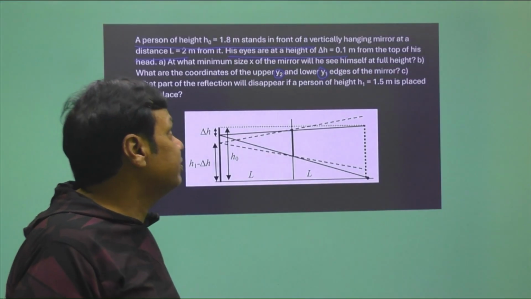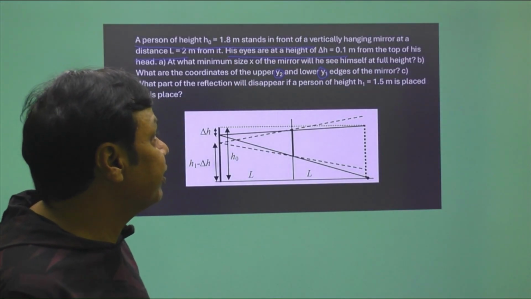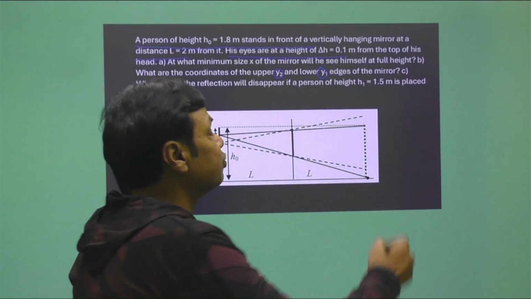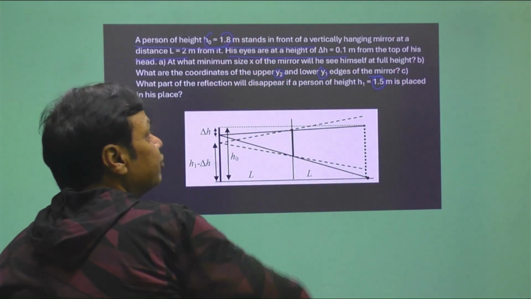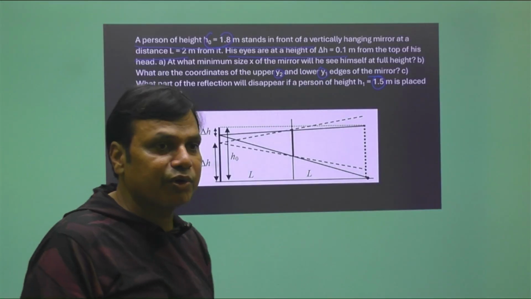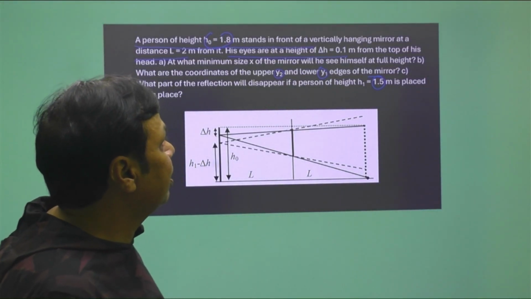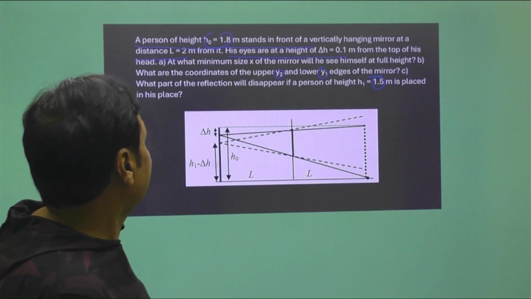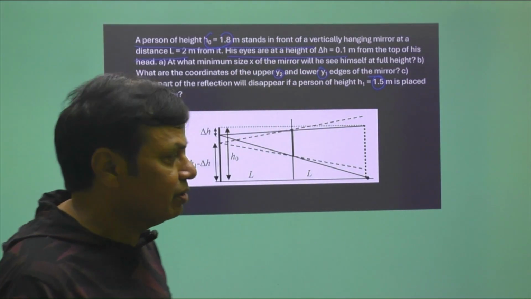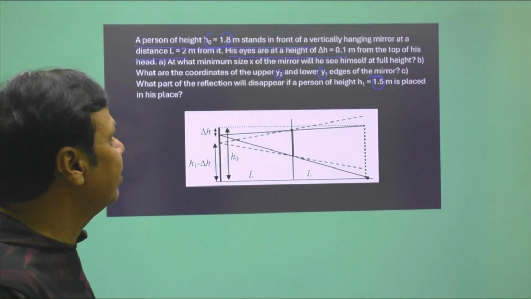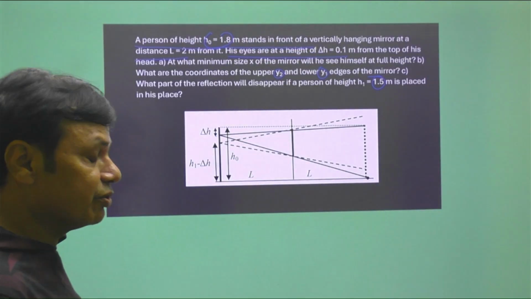And see what part of the reflection will disappear if a person of height h1 equals 1.5 meter. This is 1.8 meter and this is 1.5 meter. The height of the person changed. Another person came and is placed in his place.